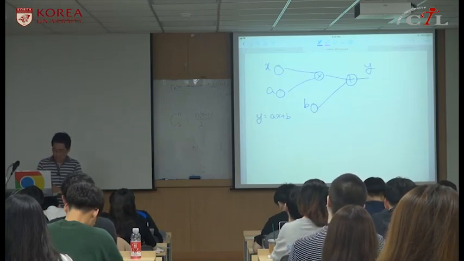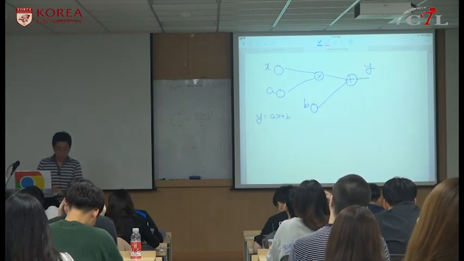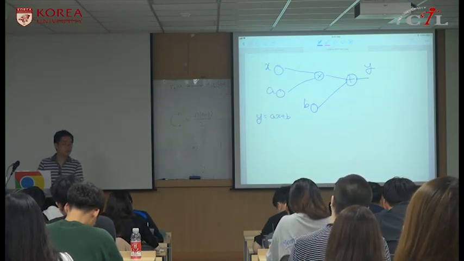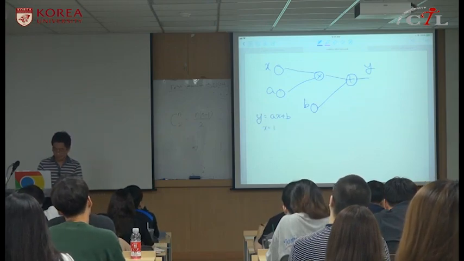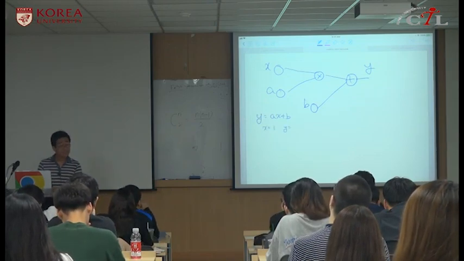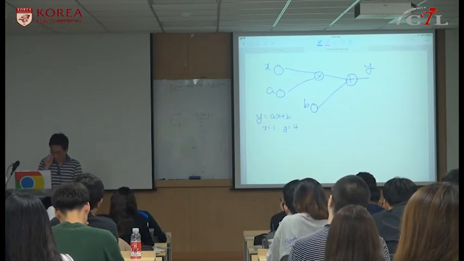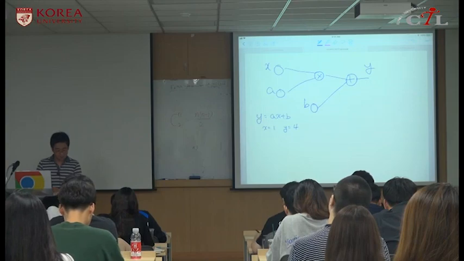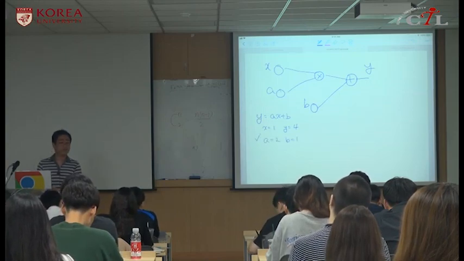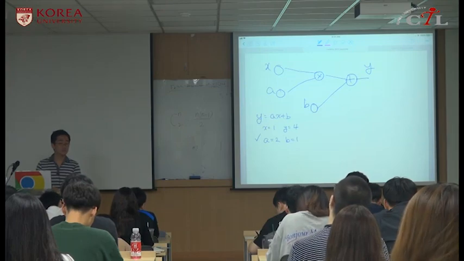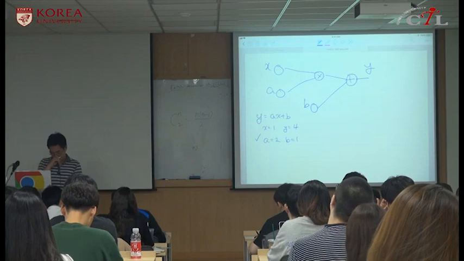Then suppose we have just one single training data of x being 1 and y being 4, and the current parameter values are 2 and 1 for a and b respectively.